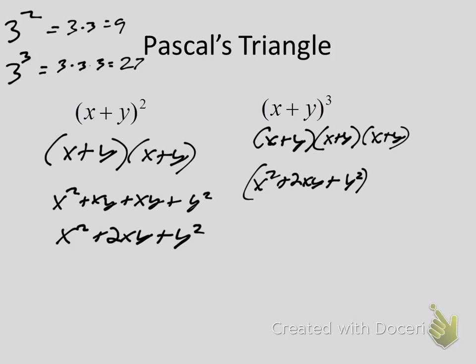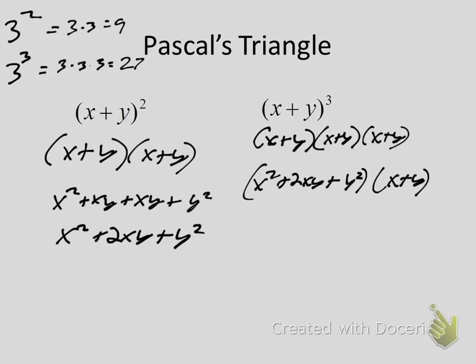And you need to times that by one more, x plus y. Which kind of turns into your binomial times trinomial questions from last lesson. So now you go through that rigmarole of everything. As you get practice with it, you can skip over the writing it out, and you can just go, x squared times x times y, 2xy times x times y, and just go straight to your 6 terms here. Everybody understand what I'm saying?